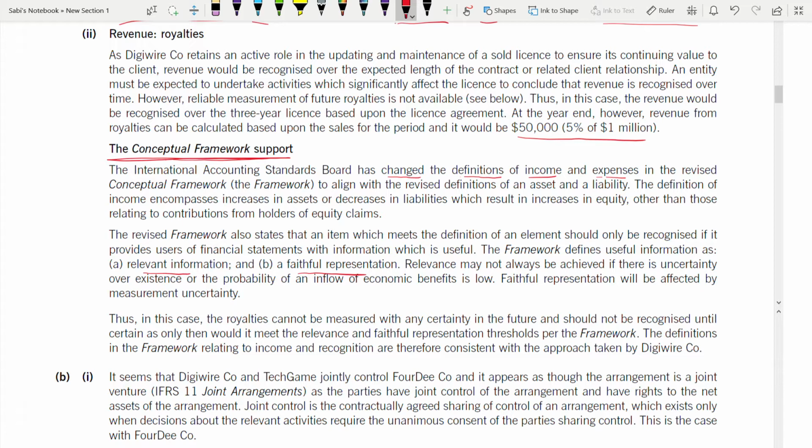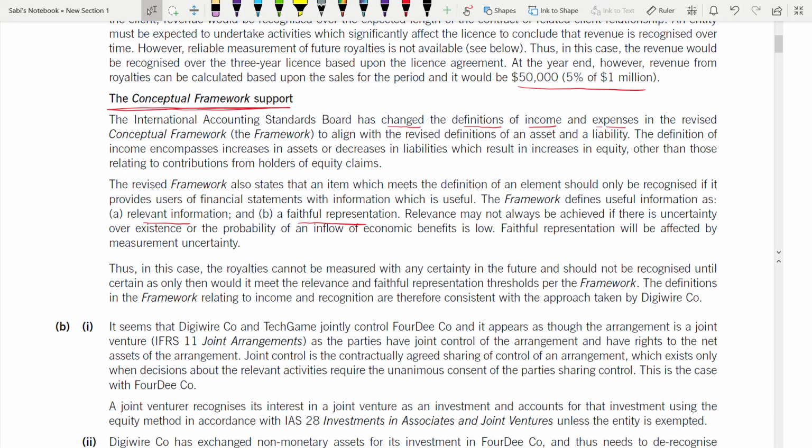Next, the last paragraph. You have to link this with the case study. So thus in this case, royalties, you have to talk about royalties here because it is asked in the second part of B. So royalties cannot be measured with any certainty. Can you measure royalty with certainty?